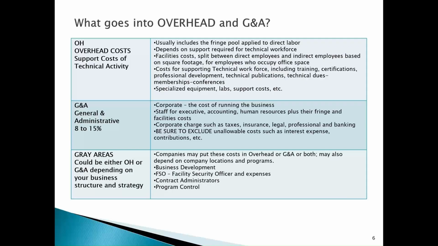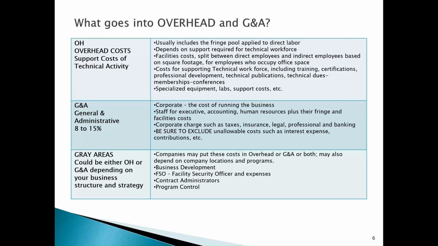G&A is your corporate expense. It's the cost of running the business. It's the staff for the executive functions of running the company, like CEO and COO, the accounting, human resources, plus their fringe and their office space.